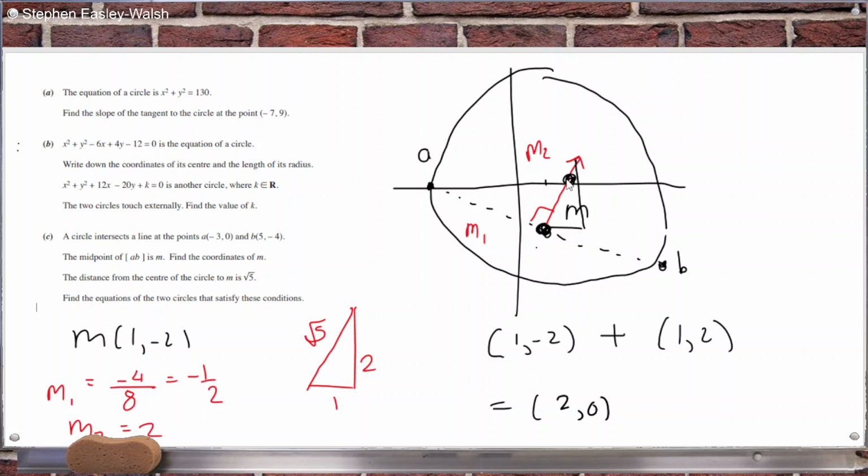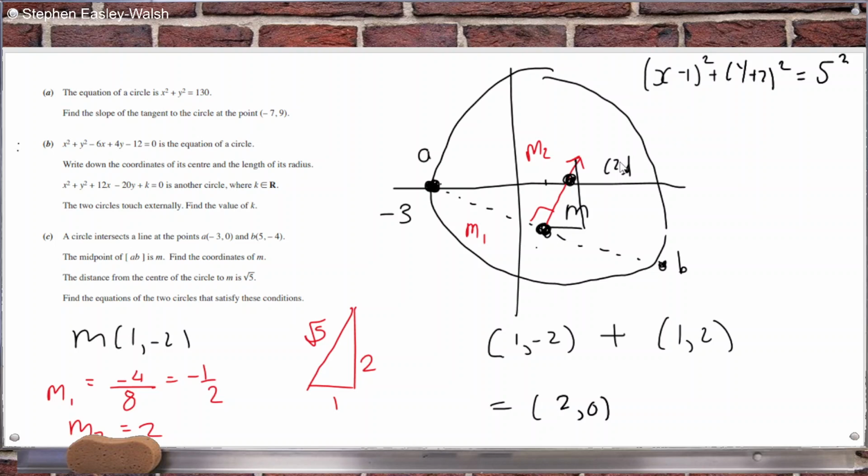Good. And then the radius is all that's left. Actually, that's really clear because if that's at (minus 3, 0) and then that's at (2, 0), that means the radius is 5. So this circle here would be (x minus 1) squared plus (y plus 2) squared equals 5 squared.